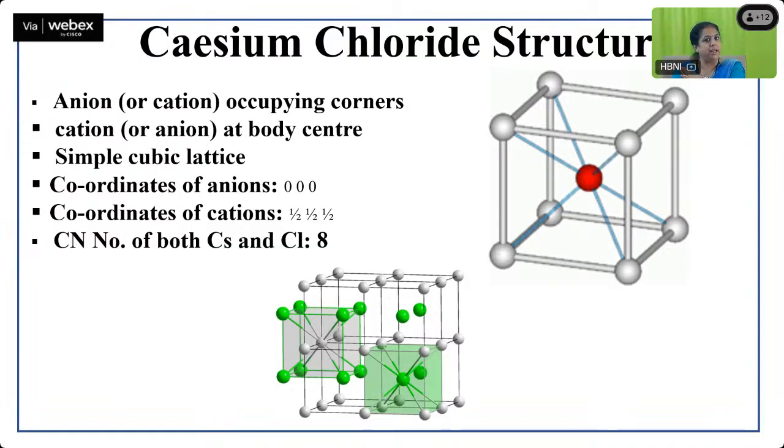Because it can take 8, it will give more electrostatic interaction, it will give more stability, so it will not go to rock salt, because in rock salt the coordination number was 6. Okay, so these are not hard and fast, but these are the general guidelines by which we can understand the crystal chemistry or why a certain compound adopts a particular structure.